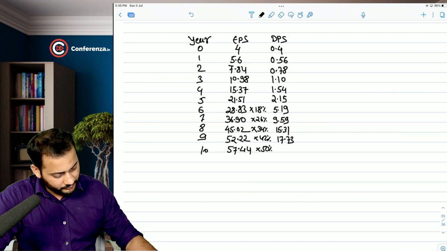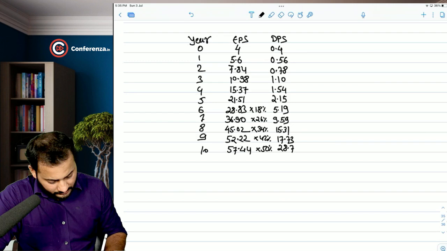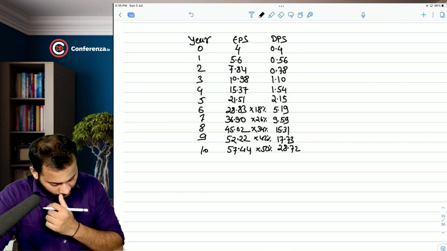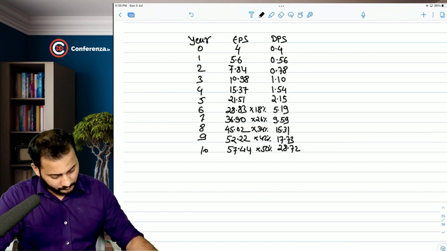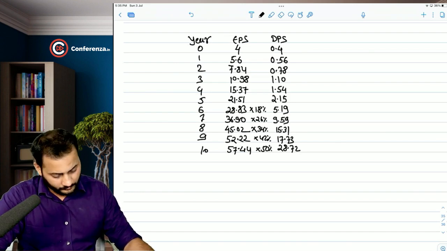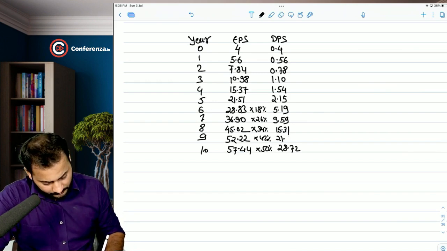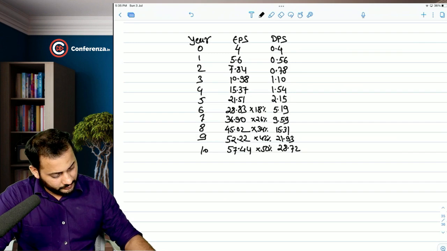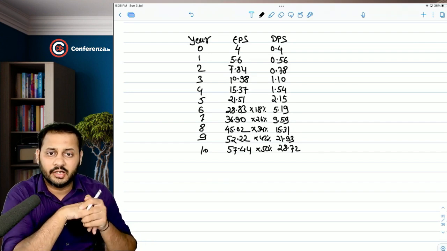Then 57.44 into 0.50, 28.72. Getting it? There is some mistake. 52.22 into 0.42 is 21.93. 45.02 into 0.34 is 15.31. Okay, so these are the dividends for every year.